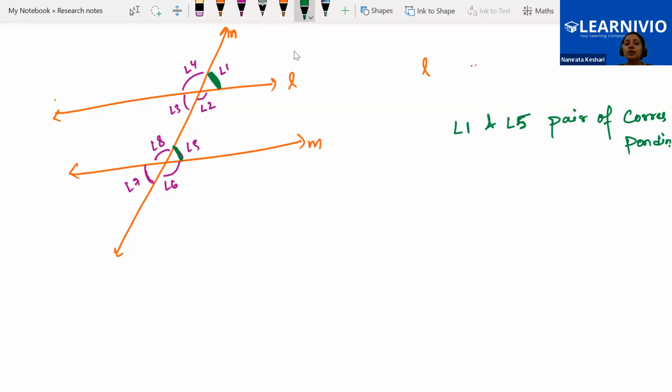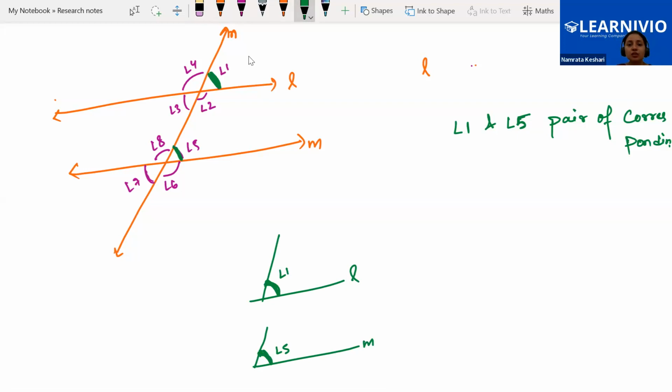If you focus, you will find that both angles are at the same place, on the upward part of the line. On the first line L, the transversal is coming like this. On the upper part we have one angle. Similarly, if you focus on M, the same transversal is continuing, and on the upper part we have another angle, and this angle is named 1, this angle is named 5. Both are at the same place on the upward part, in the same direction on the right side of the transversal, and that's why we call it a pair of corresponding angles.